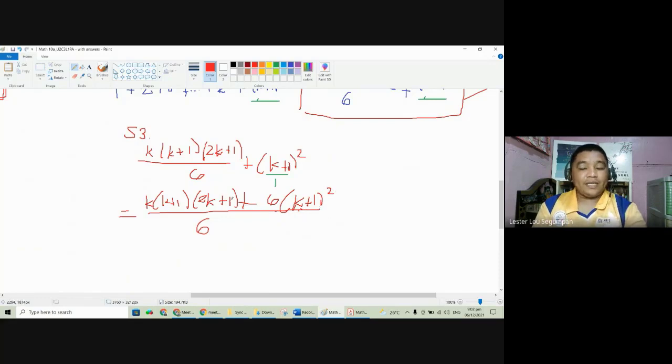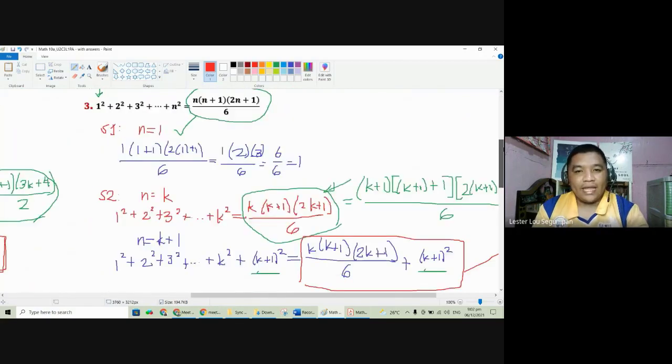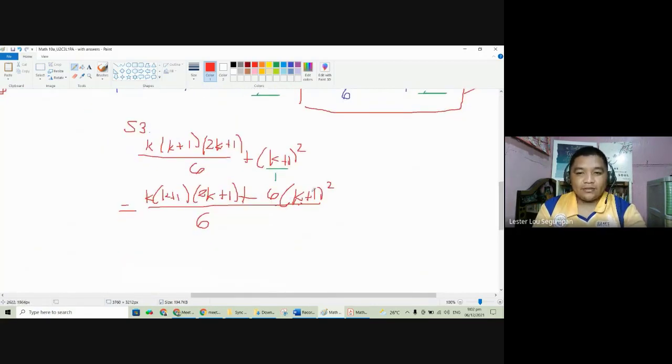Do we have something here that we could factor out, just like what happened in number 1? The answer is yes. Take note that the square of k plus 1 has two k plus 1s multiplied to each other. And since we also have a k plus 1 here, we could factor out k plus 1. And what will happen inside is you have k times this.